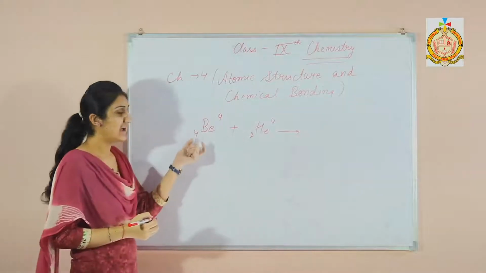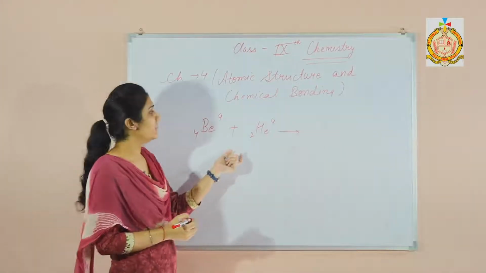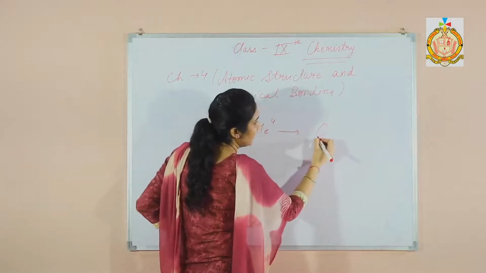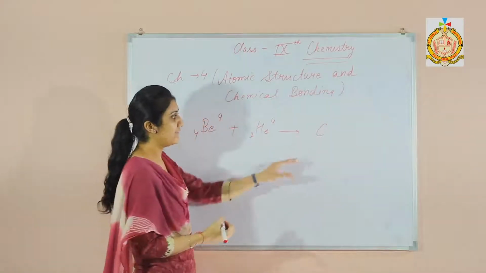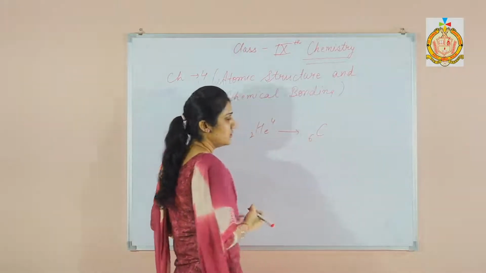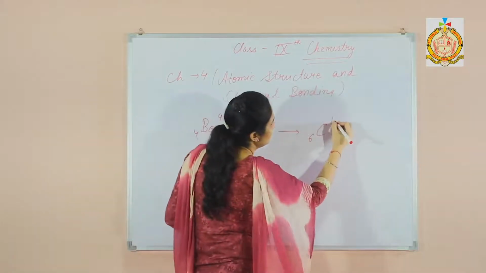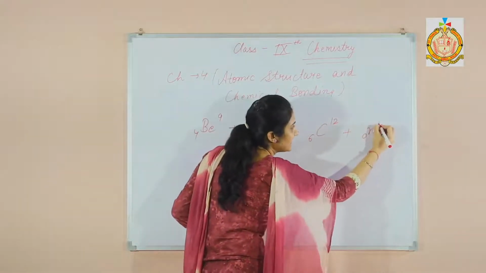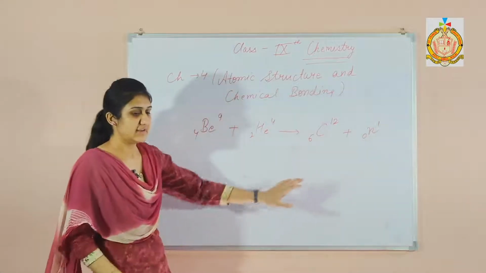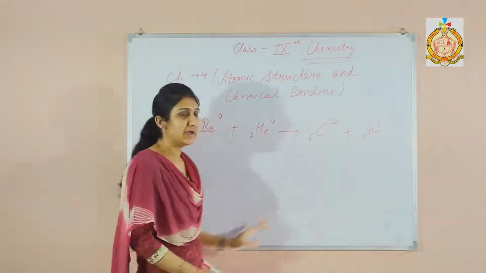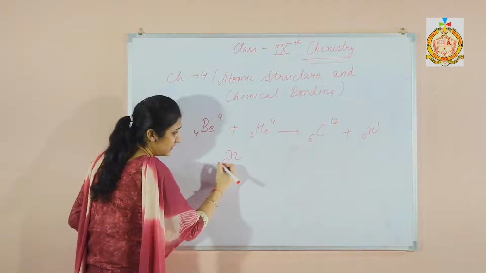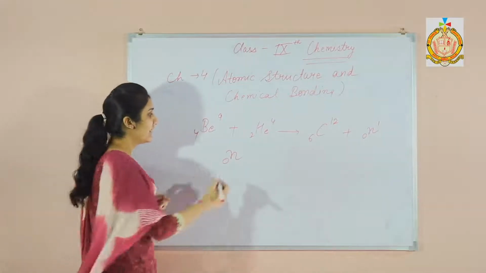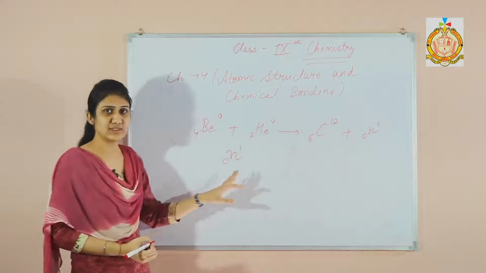After bombarding the light beryllium atom with helium, he obtained a carbon atom having atomic number 6 and mass number 12, and one more particle. He called that particle the neutron. Neutron is denoted by small n, with subscript 0 meaning the neutron has 0 charge, and superscript 1 meaning it has mass 1.